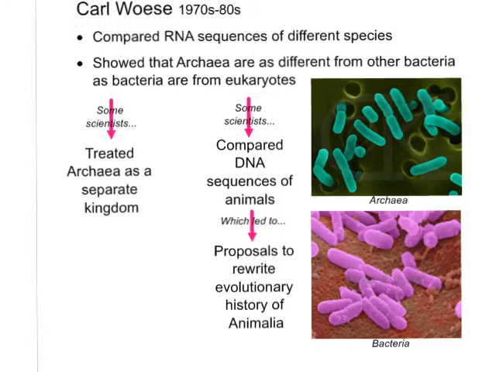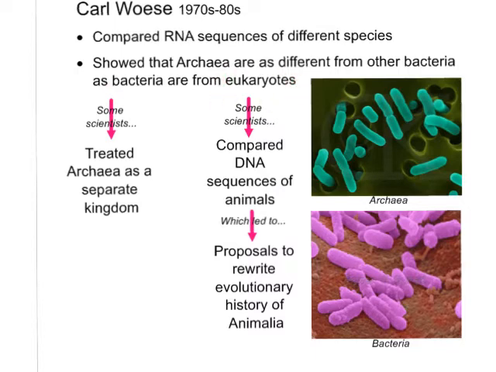And a man named Carl Woese is probably one of the more recent contributors to major classification changes. In the 1970s and 80s, he did work comparing RNA sequences of different species. His findings showed that archaea, remember that's its own kingdom, and the organisms of archaea are as different from other bacteria as bacteria are from eukaryotes.